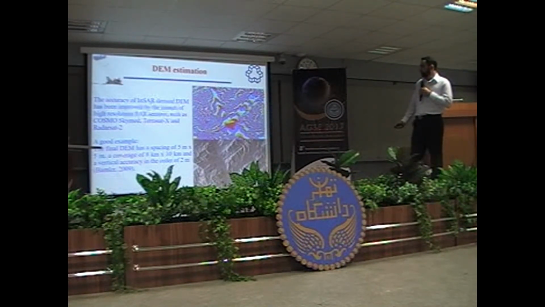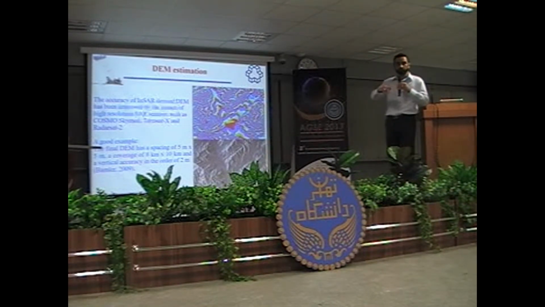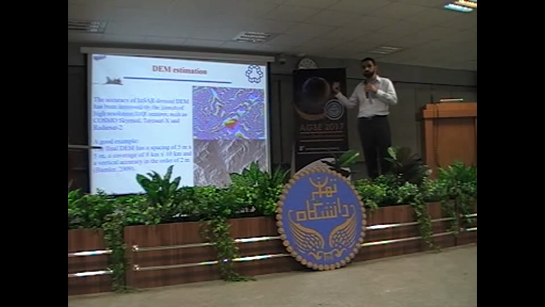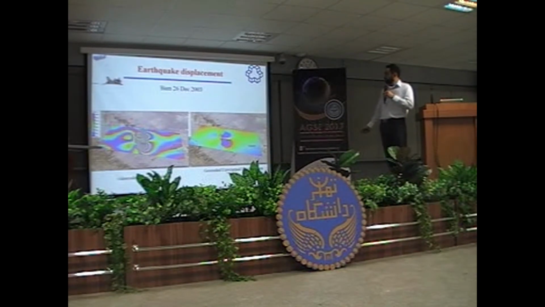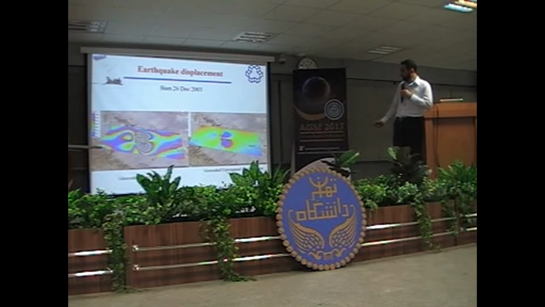Yeah, X-band images are more accurate compared to the C-band images with which the SRTM was generated. So if you use TerraSAR-X, the German satellite, a vertical accuracy of 2 meters can be achieved for depth generation. This is Bam. This is for earthquake displacement in the Bam area.